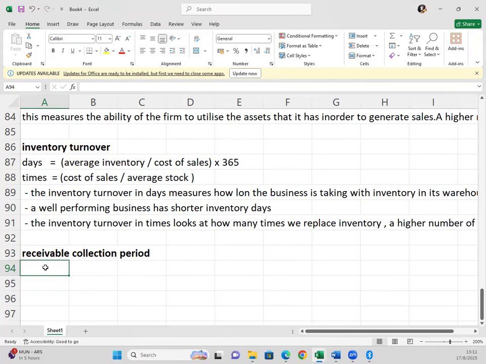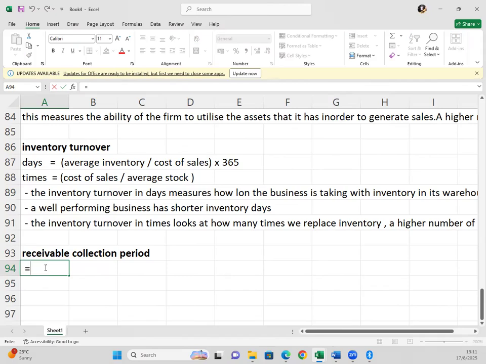How long does it take for us to be given back? So that's the receivable collection period.